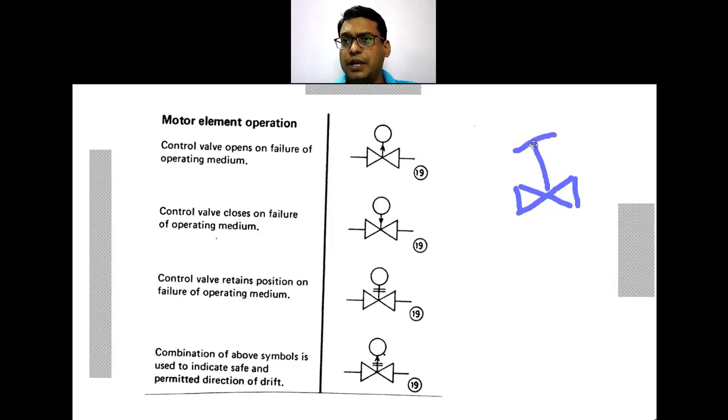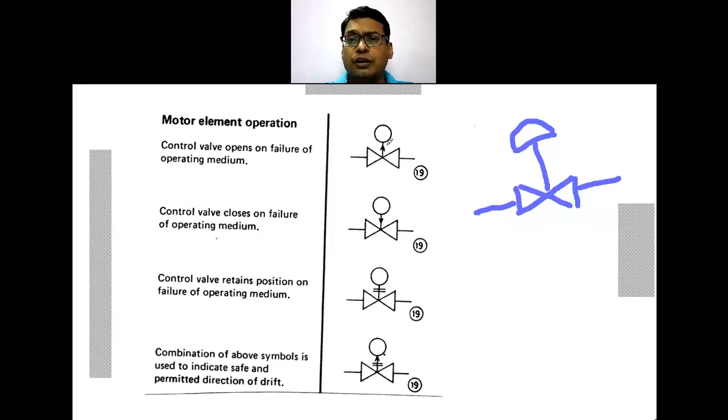This is the simple symbol for our control valve. But when you go into the details of a process and instrumentation diagram, there are minute variations also available. And the meaning of those minute variations is to be studied.